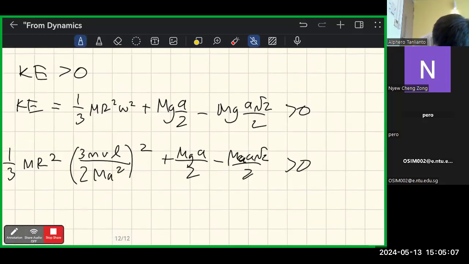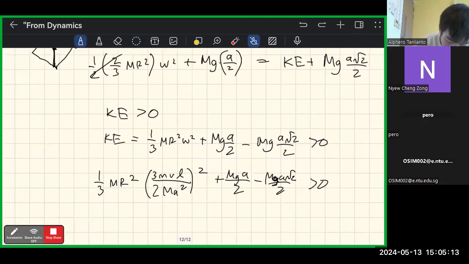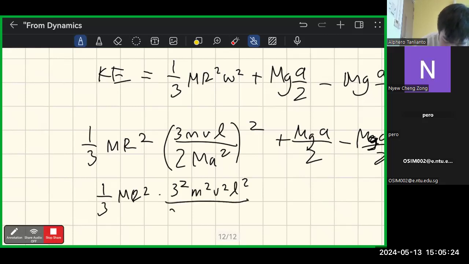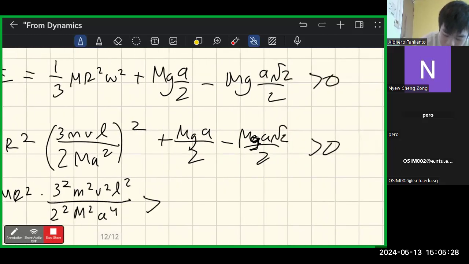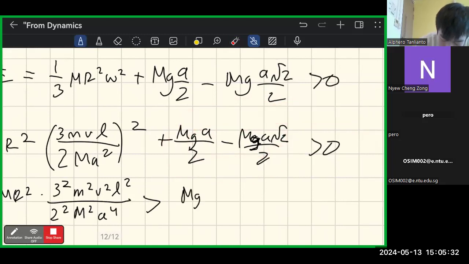It's g, it's not a. Okay, so we move this to the other side. It's 1/3 of mr squared. It's 3 squared m squared, 3 squared l squared over 2 squared m squared a to the power of 4 is bigger than. We move this to the other side. We get that it's mga over 2 square root of 2 negative 1.